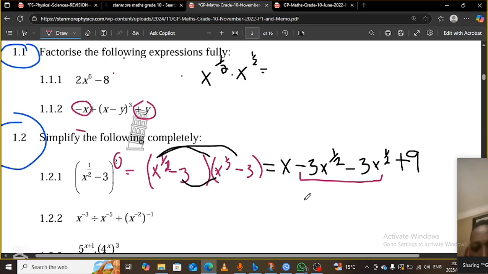So it's going to be negative 6x to the power of 1 over 2. And then plus 9, remember it's plus 9. Did you get it? Let's see. No, this one you didn't get it. You rushed to multiplying, right?